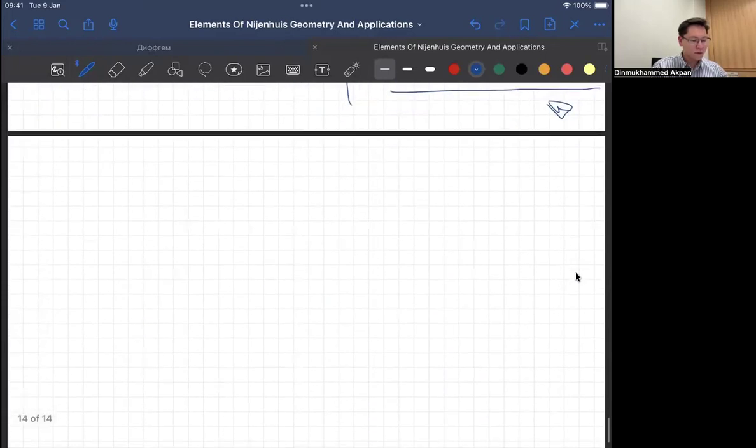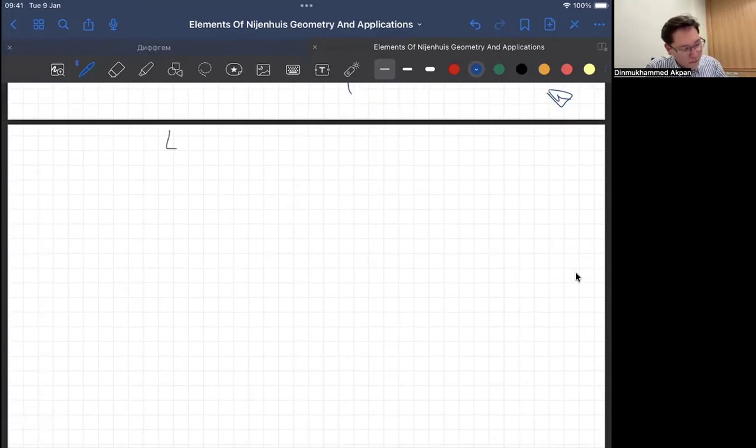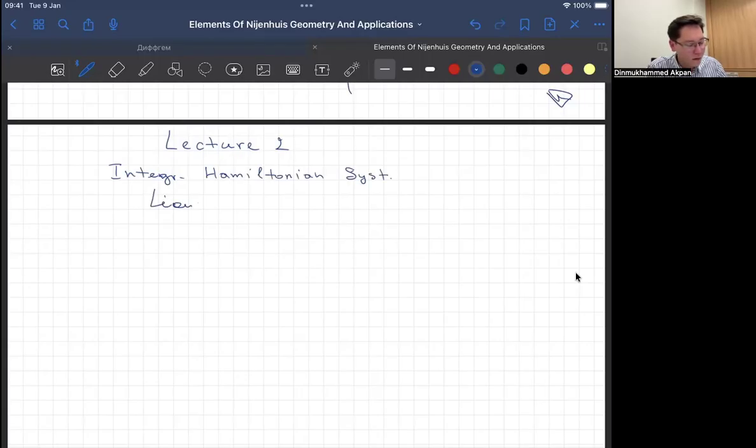Next week, lecture 2, it will be integrable Hamiltonian systems and the Liouville theorem. I hope that I read it correctly. Liouville theorem. And some examples, probably, if we have time for it.